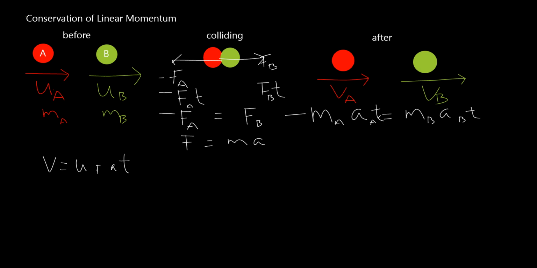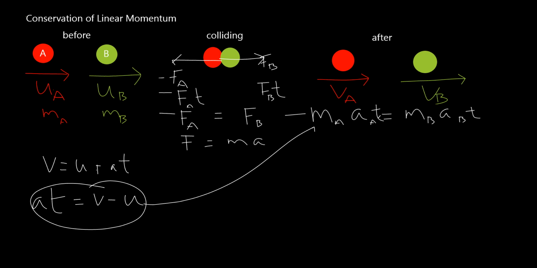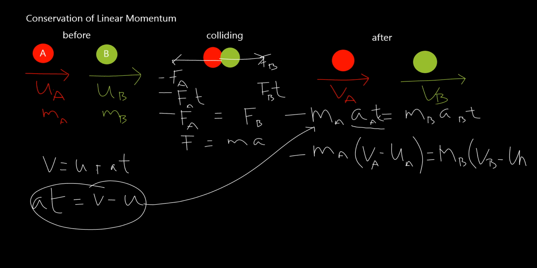I can rearrange this to say at equals the difference in the velocities, and if I then use this relationship in here to get rid of t, I'll find minus ma times (va minus ua) equals the same for the right hand side, m of b times (vb take away ub), that should be.